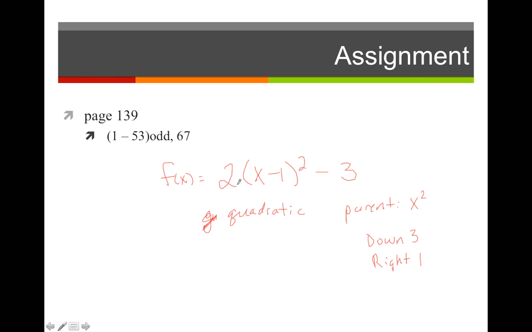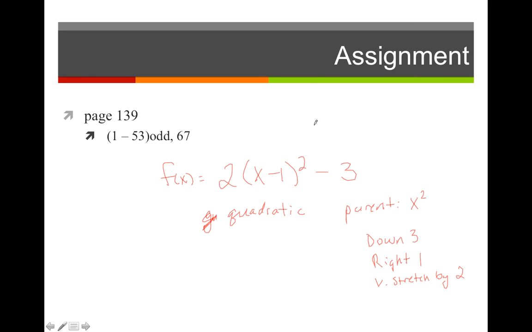And this positive 2 says a vertical stretch by a factor of 2. So the first two, the down 3 and the right 1, say move all of your x values down 3 and right 1. And the vertical stretch says now double the height of all of your y values.